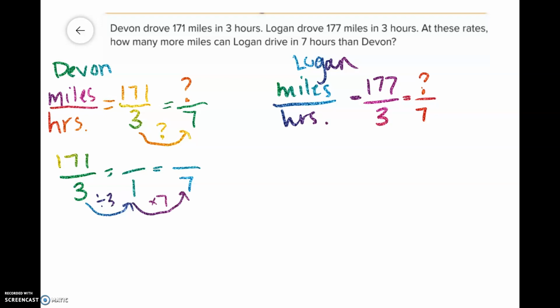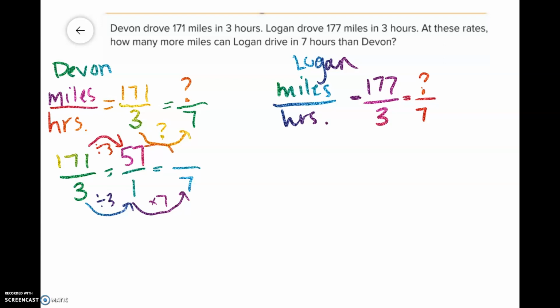So here's a good time to get a calculator out because we don't want to spend time doing division here. We're problem solving. So 171 divided by 3 is 57. So I'm going to do the same thing to this number that I did to the 3. So I'm dividing by 3.